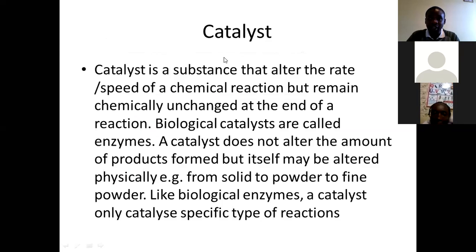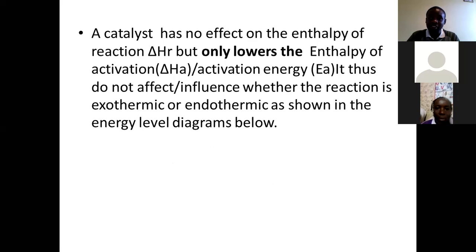If you also look into the catalyst, a catalyst can increase the rate of the reaction. We have biological catalysts which are called enzymes. A catalyst has no effect on the enthalpy of the reaction, but it lowers the activation energy for the reaction to proceed very fast.